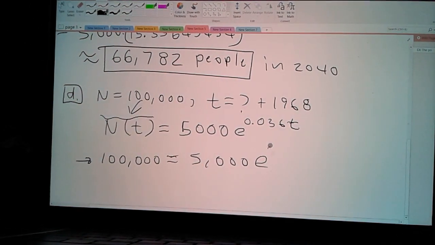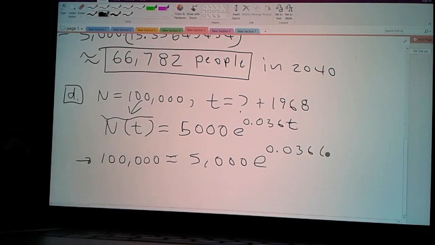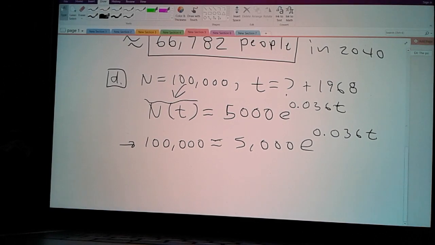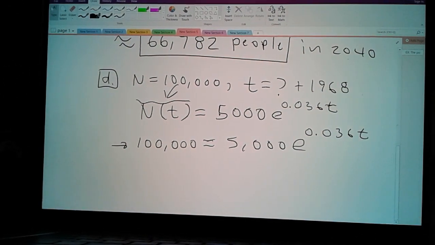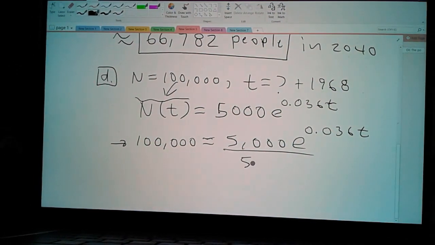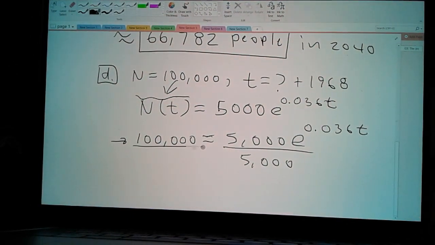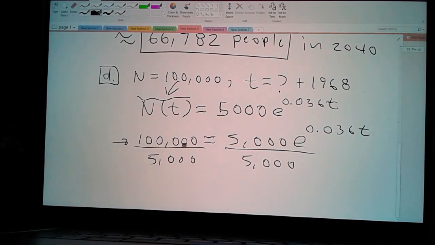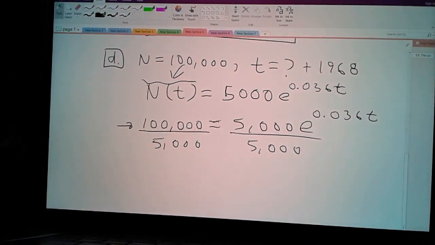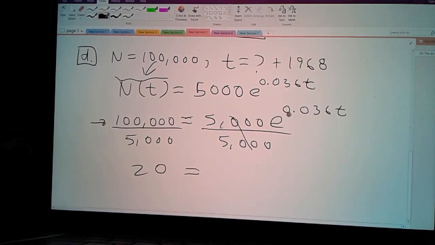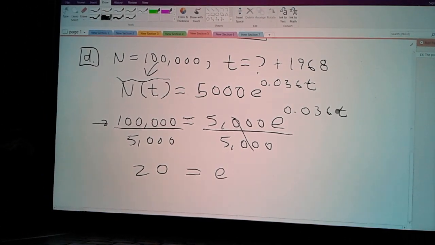So I'm going to divide both sides by 5,000 first. So 100,000 over 5,000 is going to give you 20. 20 equals e to the 0.036 t.